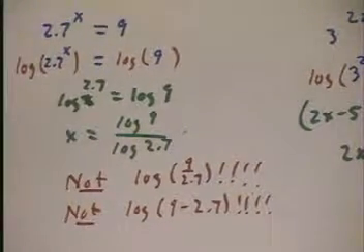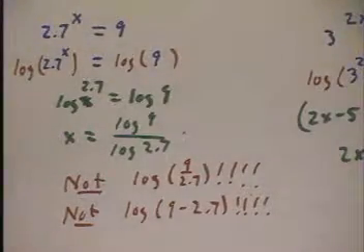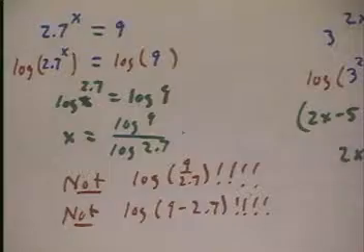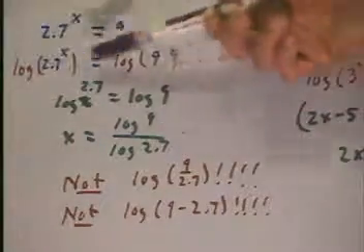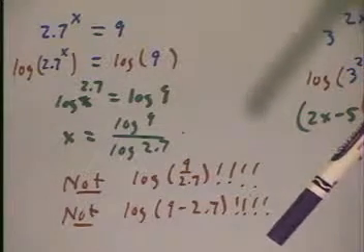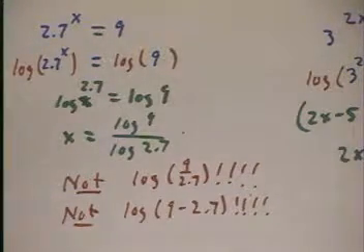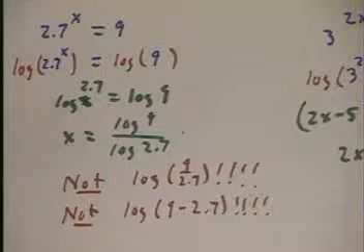What if we have an equation of the form 2.7 to the x equals 9, an exponential equation where our variable's in the exponent? Well, as we just saw, we're going to take the log of both sides.